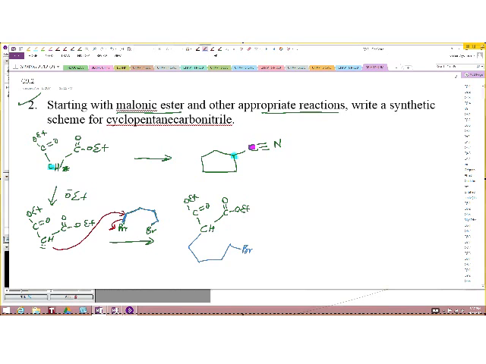Another enolate formation, very good, using ethoxide, and that will remove this proton here, forming another enolate on this carbon.